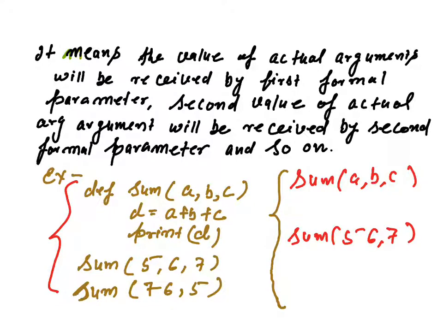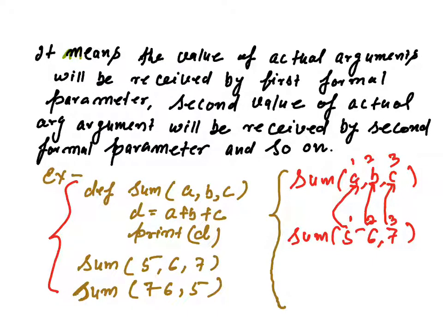So this is at the first position, this is at the second position, this is at the third position. This 5 will be received by A. It means the first position will be received by the first position's variable, then the second position will go to the second position, and the third position will go to the third position.